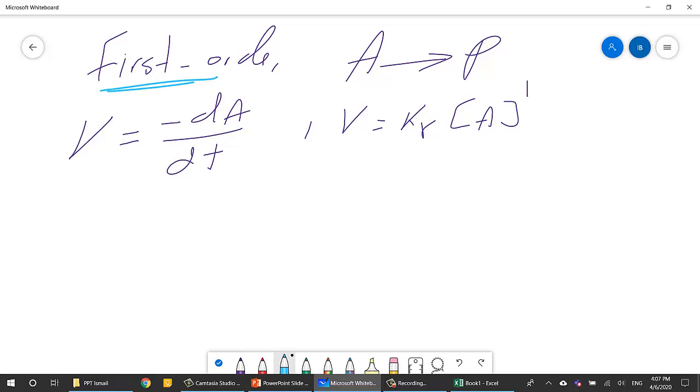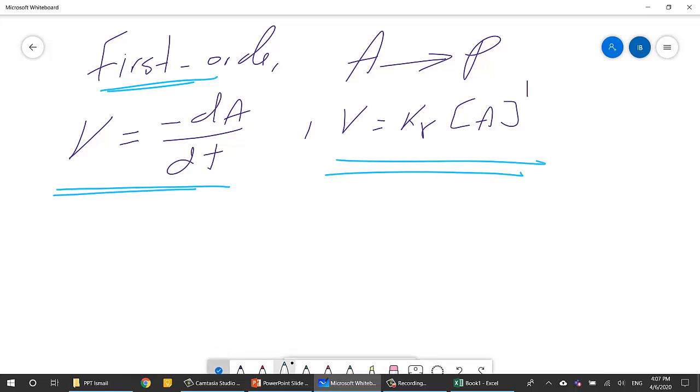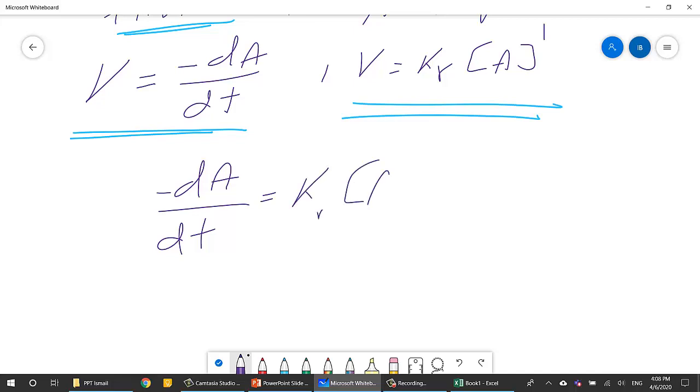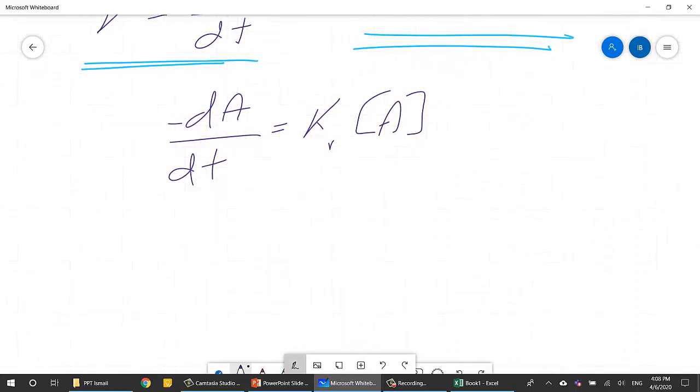So I have 2 formulas here for the rate. I'm going to equate these and play with them until I get to the integrated rate law. Based on this, I have minus dA over dt is equal to Kr multiplied by A. The first thing you notice is that you have concentration on the left and concentration on the right, and this is not good. You need to combine things together, which is called rearranging the variables.